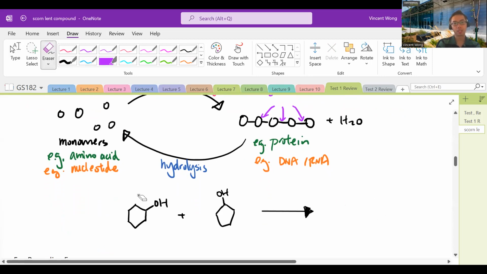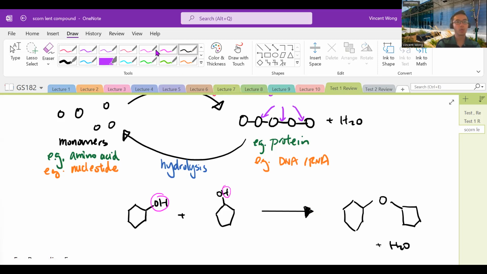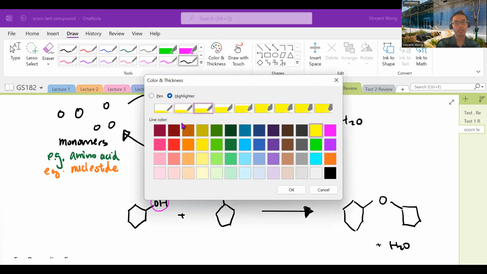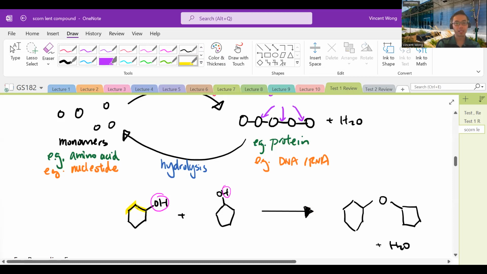Well, the product is going to be removing the OH here first, and then removing an H to form the H2O. And in the end, you are going to get this guy, plus H2O. So some of you might remember we did a question like that. If you have not seen this question on any of your quizzes yet, probably we'll see it on the test.